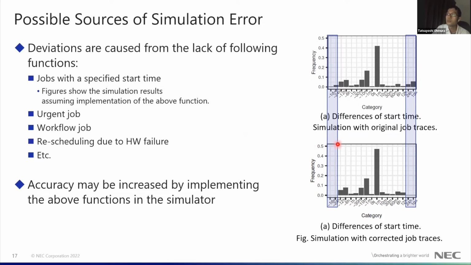You can see that the number of jobs with extremely large errors has obviously decreased. Based on these results, we think that implementing this NQSP function can further improve the simulation accuracy.